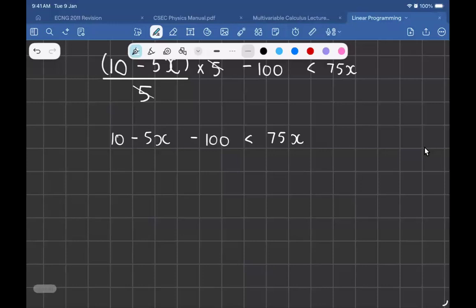The x term should be on one side, which side? Left, and the constant should be on the right. Before we do anything, let's see if we can simplify. Are you seeing any like terms on the left hand side? Yes, sir, minus 100 and plus 10. What is 10 minus 100? Minus 90.